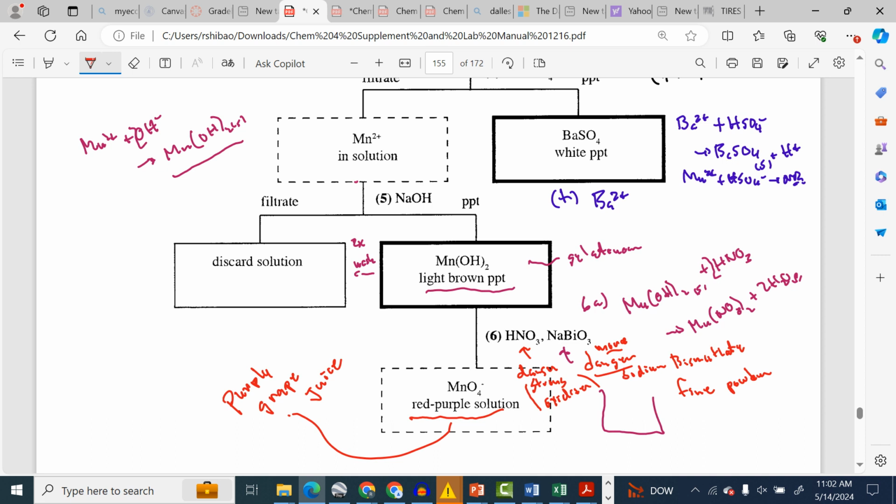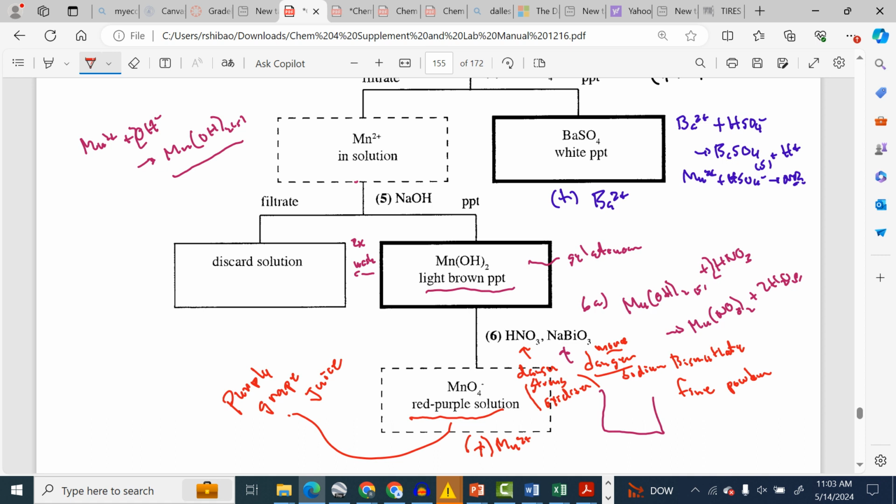This dashed line means it's a liquid. So you're looking for a little bit of grape juice. If you have a little bit of grape juice form, don't drink it because permanganate's also a powerful oxidizer. Don't drink it, but that test is positive for manganese 2+. Just a little bit of grape juice, a drop or two. That's all we need.